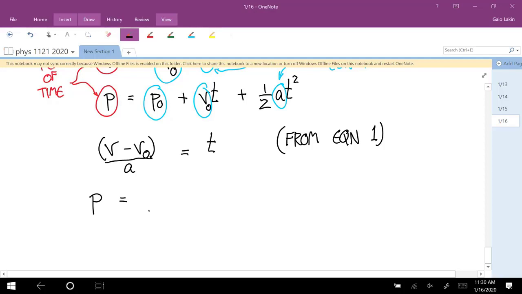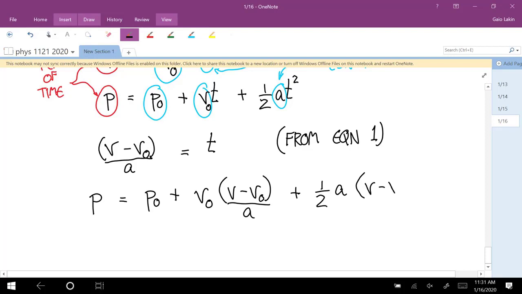And so P is equal to P0 plus V0 times the quantity V minus V0 over A. And then plus 1/2 times A times V minus V0 squared over A squared.